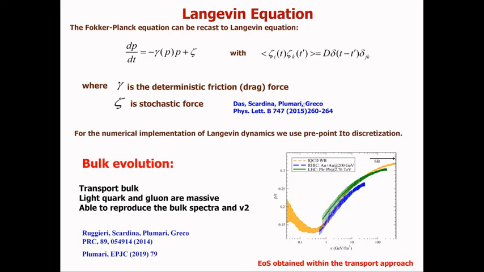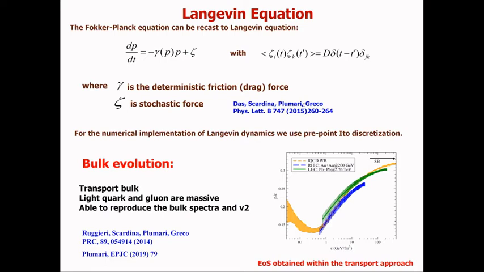But I would like to mention that we have now moved more towards the Boltzmann equation, and we mainly concentrate on it to fix the transport coefficient within our model. To study the heavy quark momentum evolution in QGP and extract the heavy quark transport coefficient, we also need a bulk dynamics. In our calculations, we are using a transport bulk.